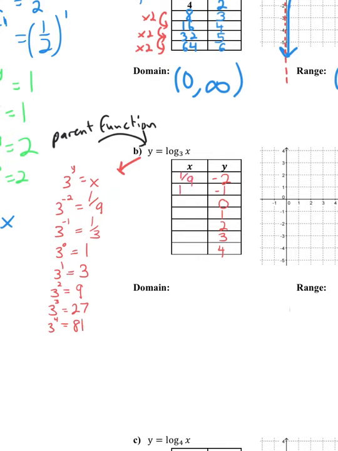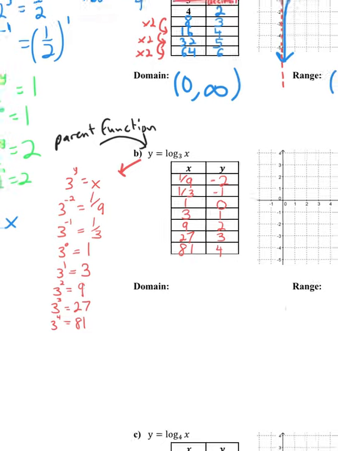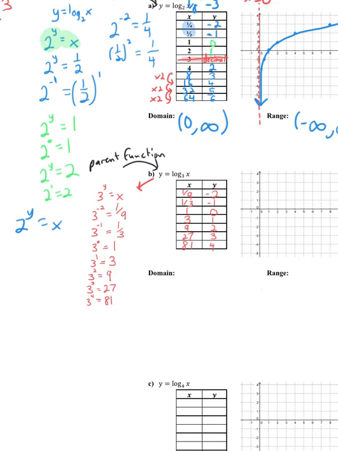So I get 1/9, 1/3, 1, 3, 9, 27, 81. And just like that, I've got my next table done. And hopefully we see another pattern. This time the x values are times 3, times 3, times 3, times 3. All because of this 3 down here.